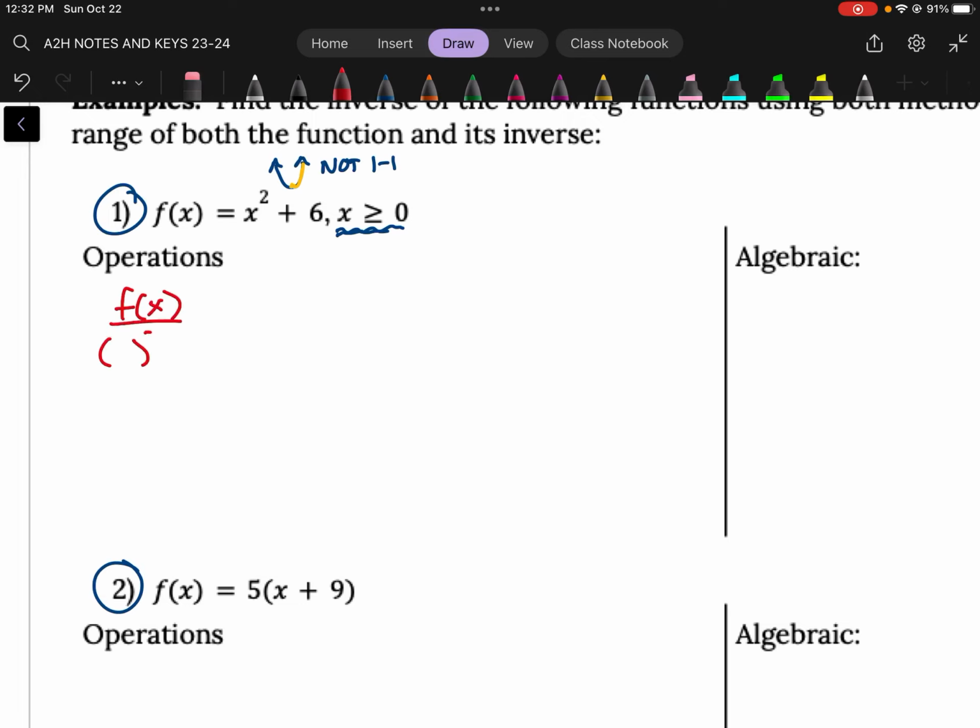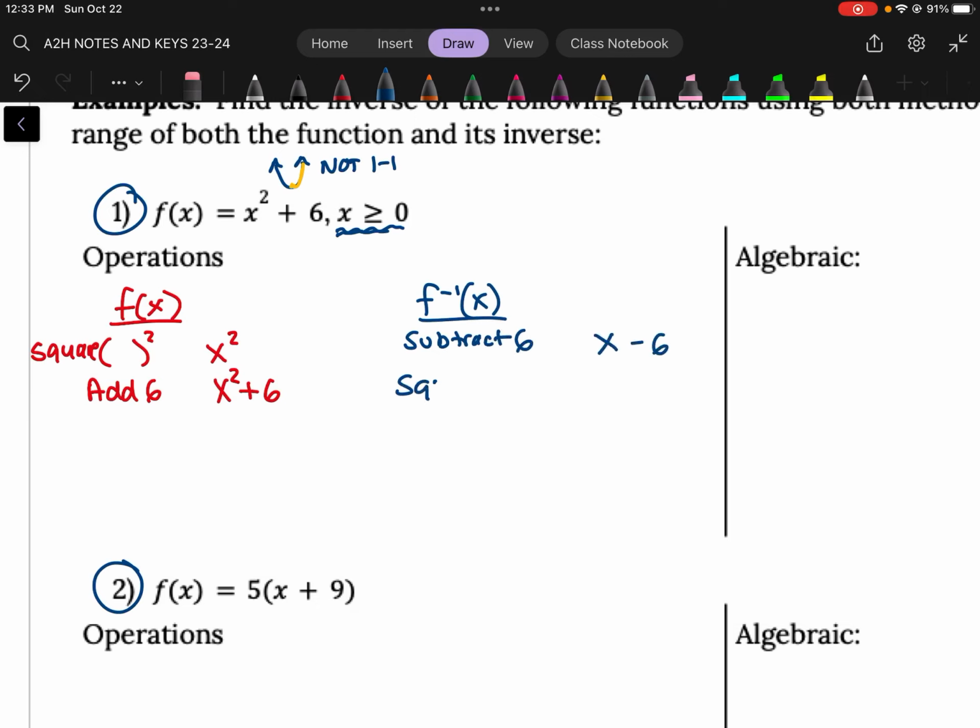So operations-wise, what we're doing is we are squaring, right? So we're taking that, and then we add 6, right? Inverse-wise, we subtract 6, and then square root, right?